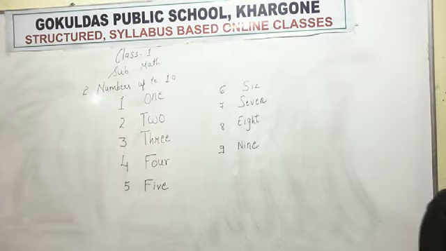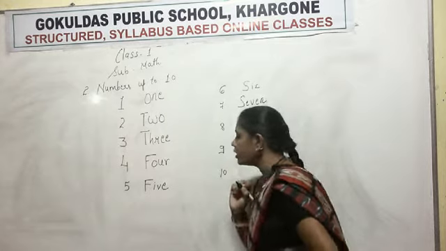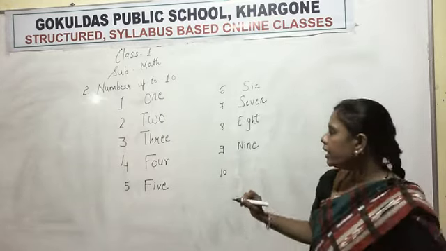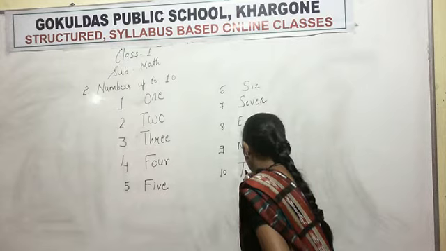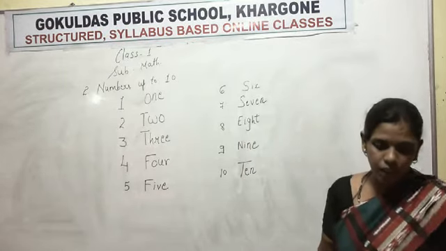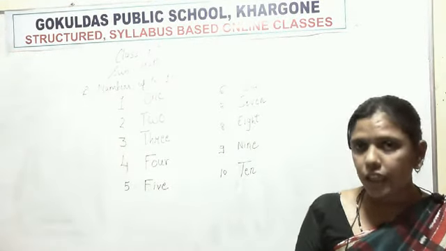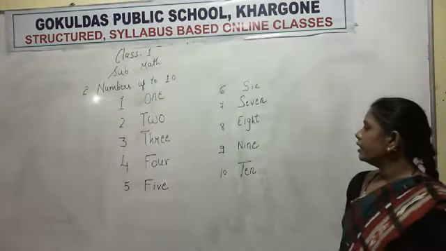Repeat again. N-I-N-E, 9. And what is the last number that comes after 9? The number after 9 is 10. What is the spelling of 10? T-E-N, 10. Repeat again. T-E-N, 10.